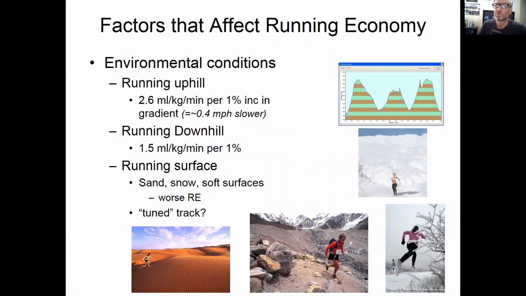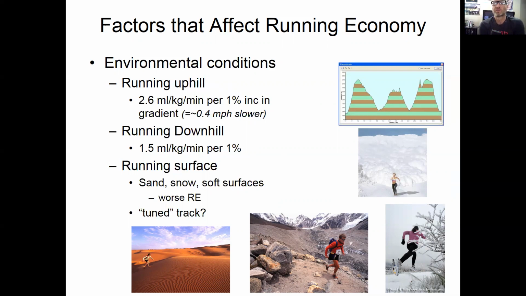Other factors that influence running economy are environmental conditions. Running uphill, obviously, is about 2.6 mLs per kg per minute per 1% increase in grade. Running downhill can influence running economy. Running surface, if we run in sand or snow or any soft surface, grass, we can have a worse running economy.